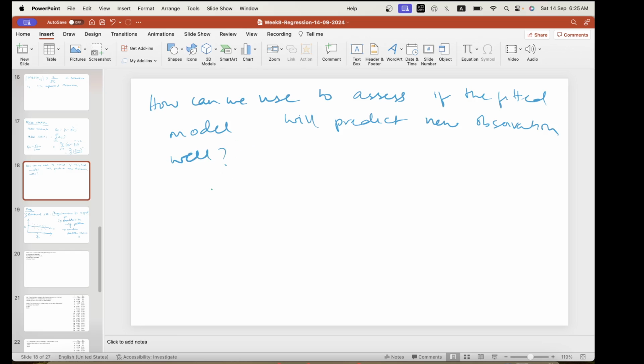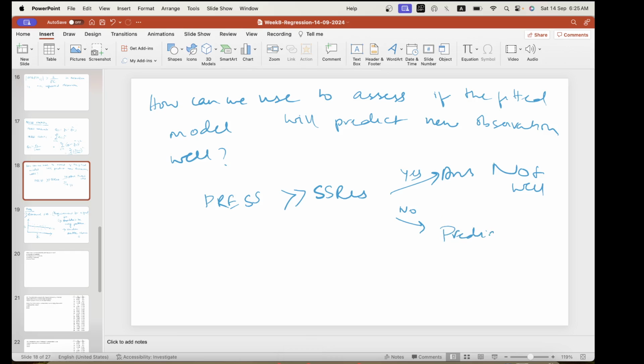So if we see that PRESS is much greater than SS residual, then the answer is it will not predict well. But if not, then maybe the prediction is good, if this is at par with the SS residuals.